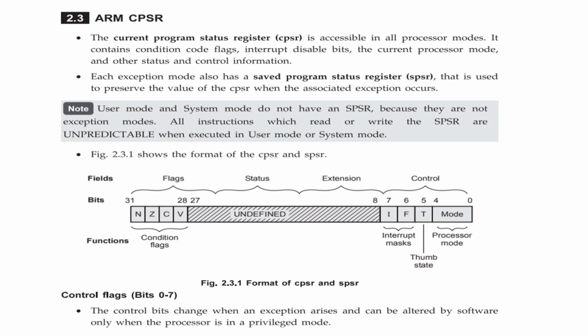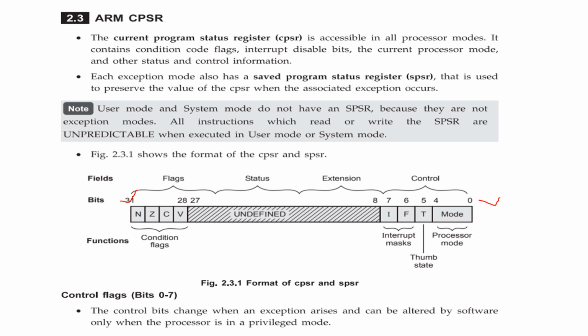Now, let's come to the important part. Let's see this diagram. As you already know, all ARM registers are 32 bits, starting from bit number 0 to bit number 31. Let's start from bit number 0 to bit number 4.